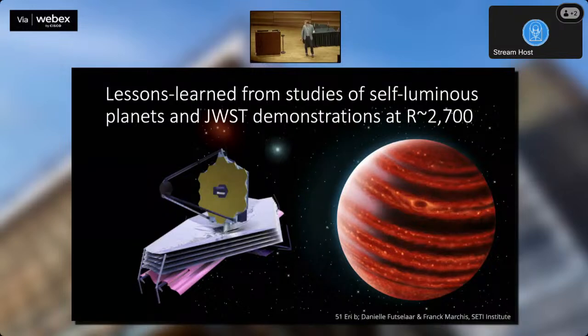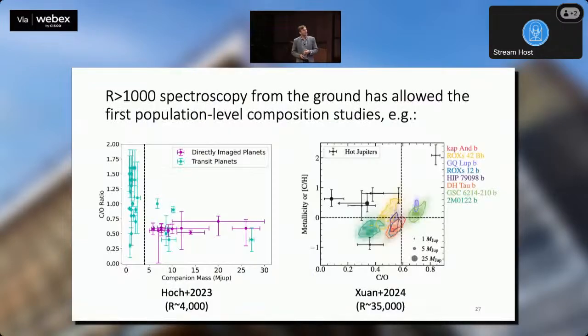So in this last part of the talk, I want to go back to the lessons learned, and maybe I should have started here. But the lessons learned from self-luminous planets, and especially JWST in the past few years. Moderate resolution spectroscopy, I believe, has enabled in the past several years the first population-level studies of directly imaged planet composition.